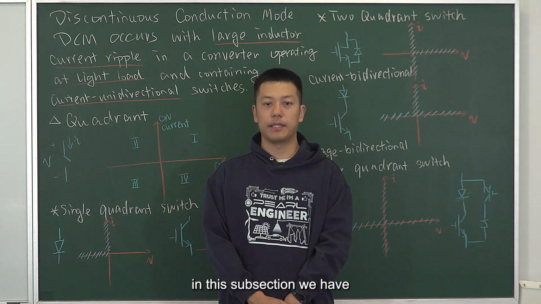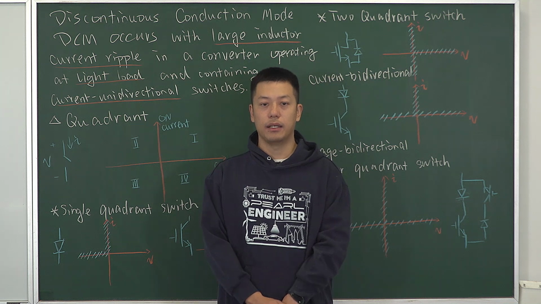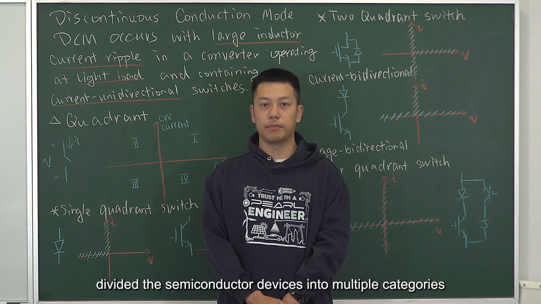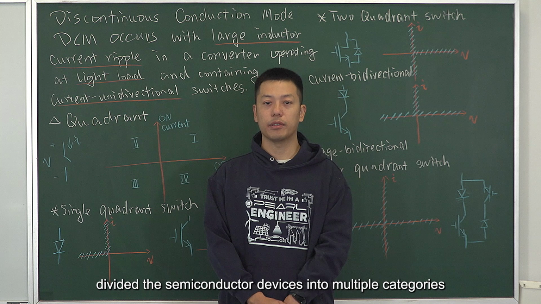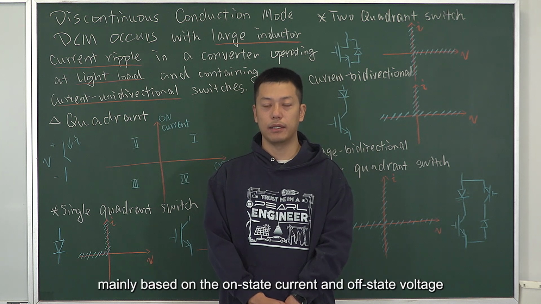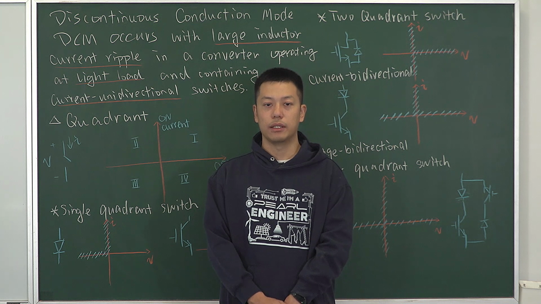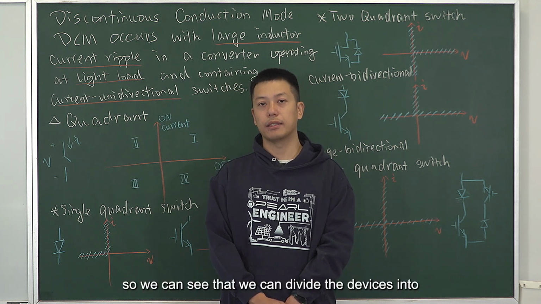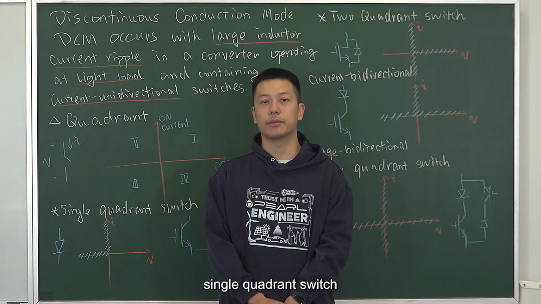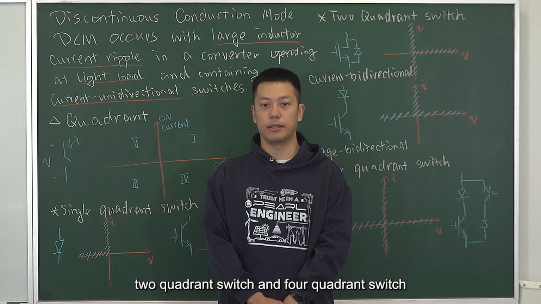In this subsection, we have divided the semiconductor devices into multiple categories, mainly based on the on-state current and off-state voltage. We can divide the devices into single quadrant switch, 2-quadrant switch, and 4-quadrant switch.